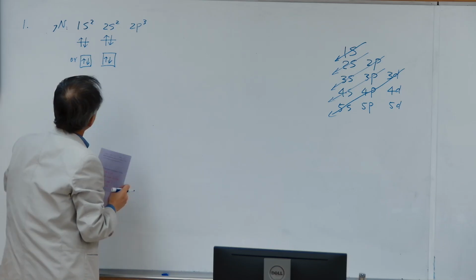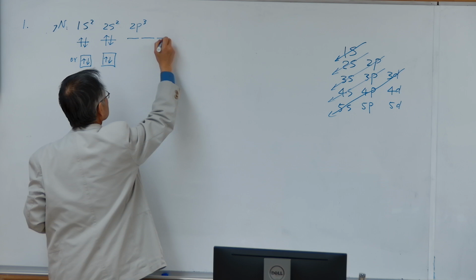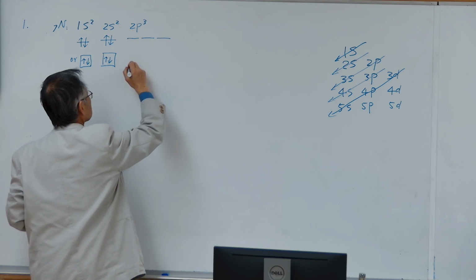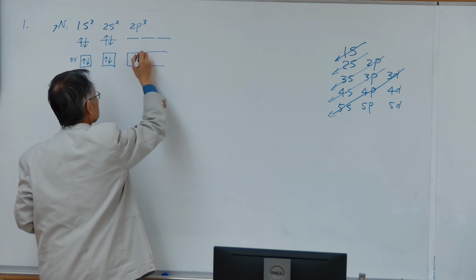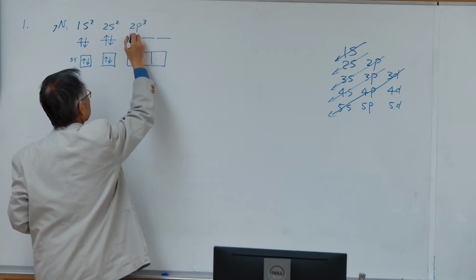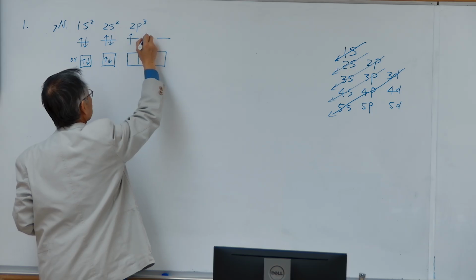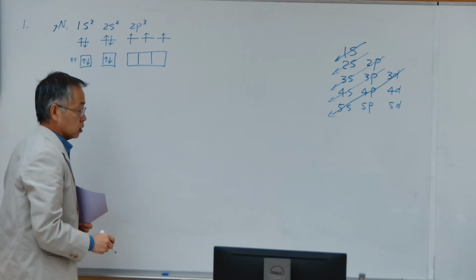Either this way or this way. Then 2p, 3 orbitals, or you can draw 3 boxes. Each orbital fills in 1 electron. This is what Hund's rule tells us.